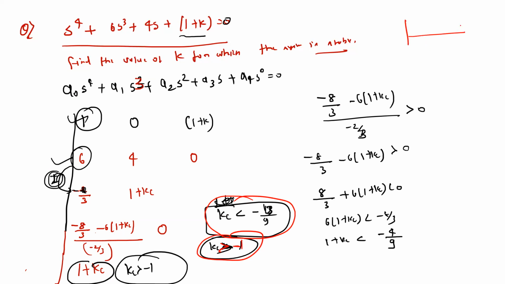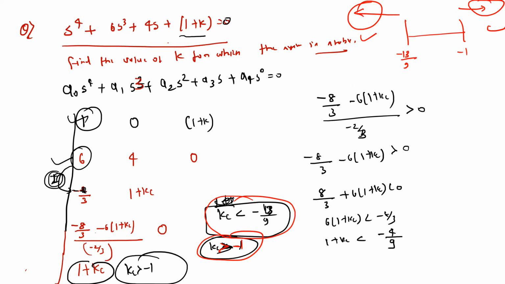This one is minus 1, this one is minus 1 point something, let's say minus 13 by 9, right? So either Kc should be less than minus 13 by 9 or Kc should be greater than minus 1. For all these values, the system will be stable. Otherwise, the system will be unstable, right?